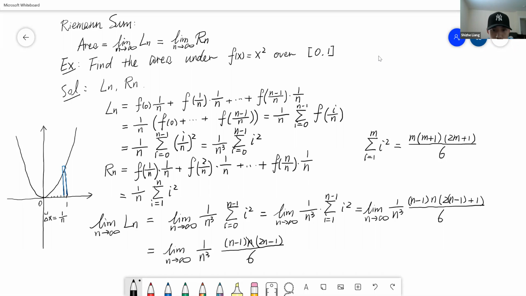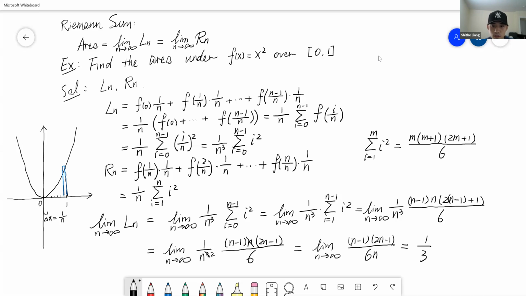Okay, we can cancel this n with one of the n's on the bottom, and what we're going to get is simply the limit as n goes to positive infinity of (n minus 1)(2n minus 1) over 6n squared. Okay, then let's recall what this number is. Taking n to infinity, this is equal to 1/3.